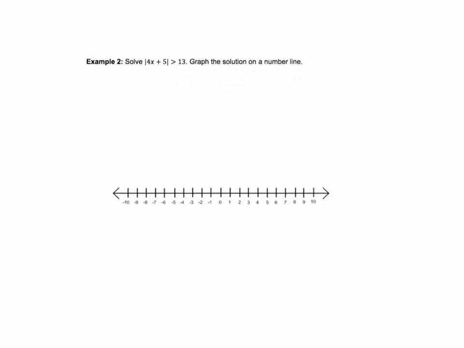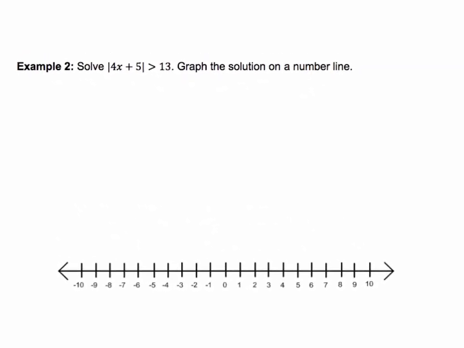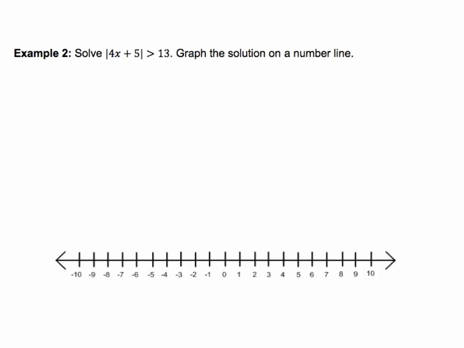All right, so we are on example 2. I start with a pretty simple example to get us going today. It says solve the absolute value of 4x plus 5 is greater than 13. And then it asks us to graph the solution on a number line.